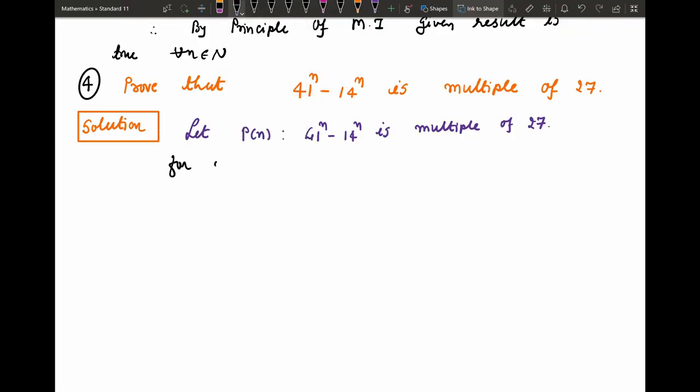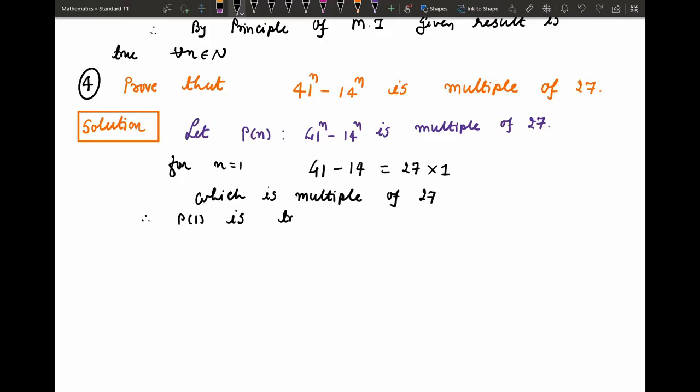When we take n equal to 1, 41 raised to 1 minus 14 is 27. 27 can be written as 27 into 1, which is divisible by 27, or which is a multiple of 27. Therefore P of 1 is true.